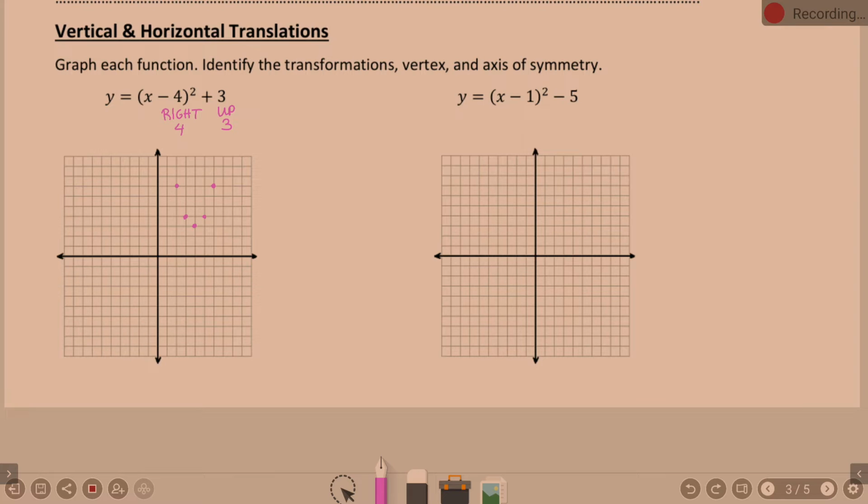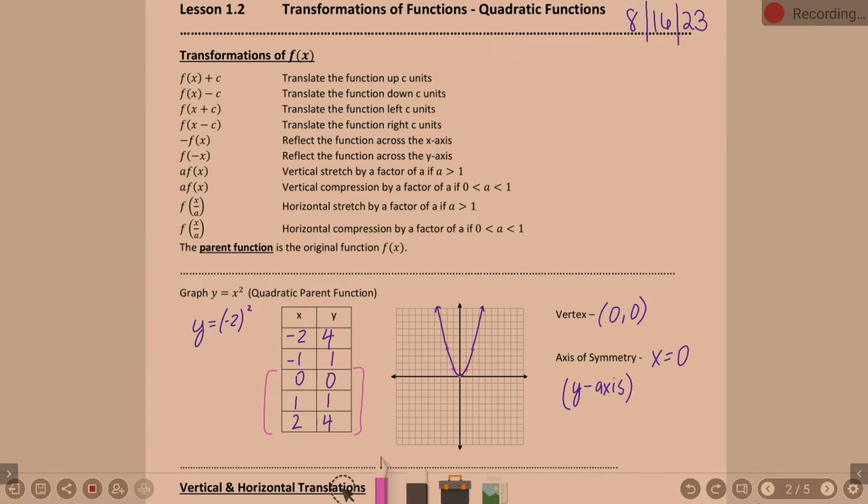Yes. How did you get the 2, 4? Because this is an x squared equation, right? So it's a parabola. My basic form of the parabola is this 0, 0, 1, 1, 2, 4 that we did on that XY chart. So any basic parabola, as long as it doesn't have a stretch or a compression, is always going to have that 0, 0, 1, 1, 2, 4 setup. Now, we'll have to throw those numbers out the window when it comes to stretch and compression.